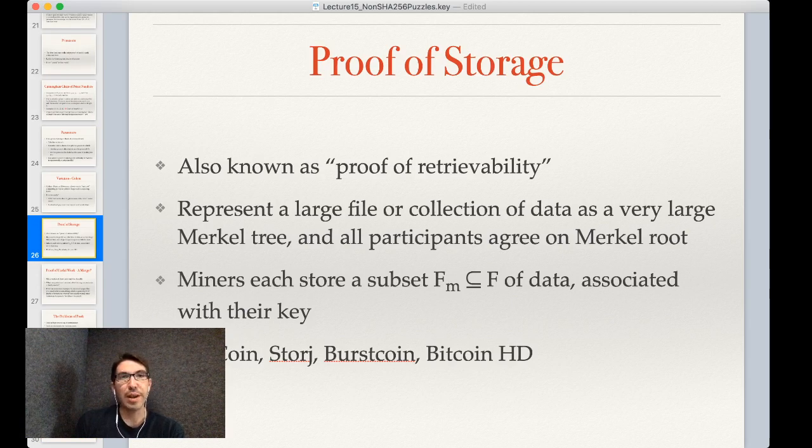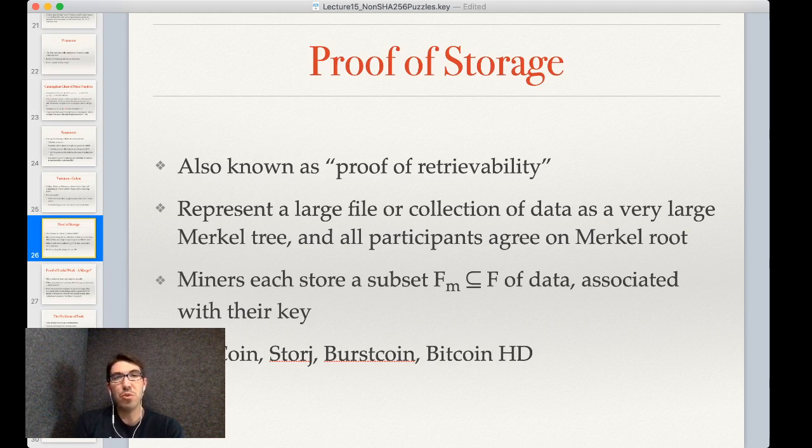So for proof of storage, we're going to represent some file or collection of data as a really large Merkle tree, and then all the participants agree on a Merkle root, and the miners are going to store some subset of data associated with that key, and then they can be asked for it, and if they successfully produce it, they can get rewards.